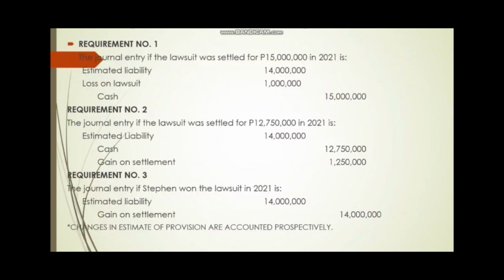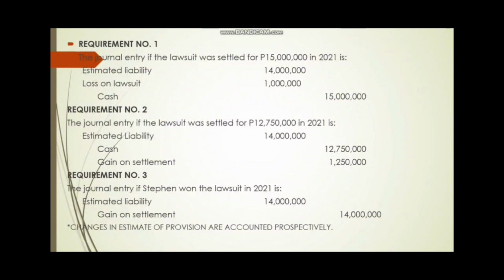For requirement number 2, if the lawsuit was settled for 12,750,000 in 2021, debit estimated liability 14 million and credit cash 12,750,000, then credit gain of 1,250,000, since only 14 million was the probable amount in 2021.